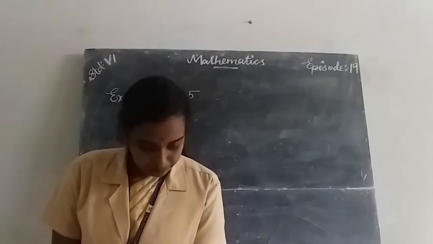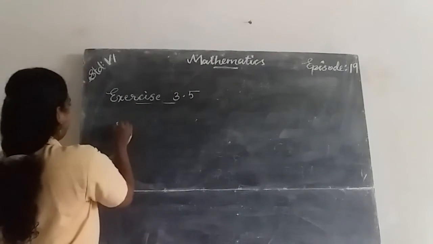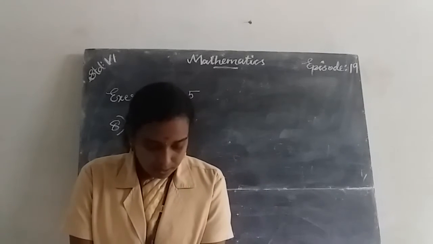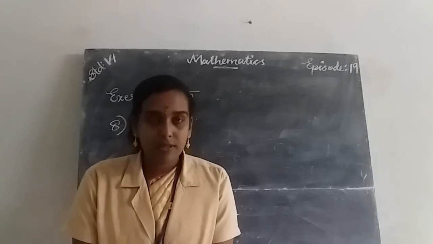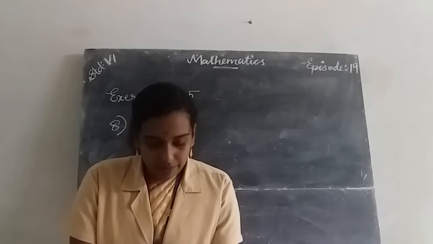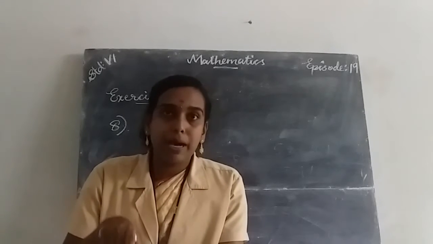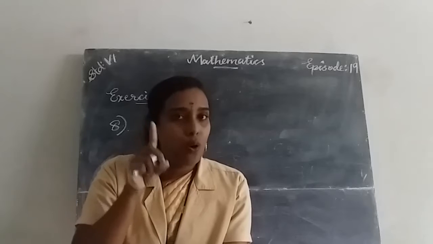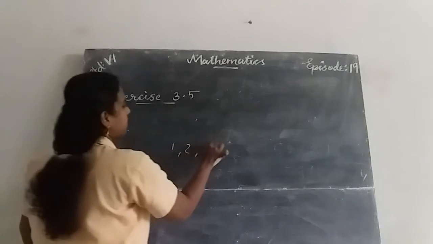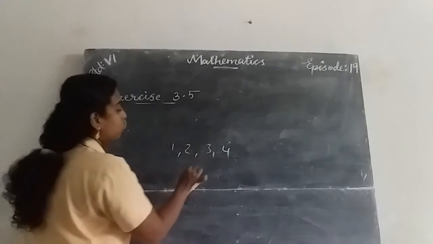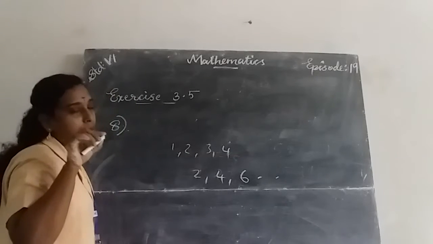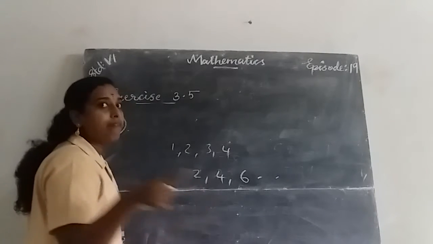And next question, question number 8. That's also based on consecutive numbers. Look at the question. The sum of 2 consecutive odd numbers is divisible by 4. 1, 2, 3, etc. are consecutive numbers. 2, 4, 6, etc. are consecutive even numbers.